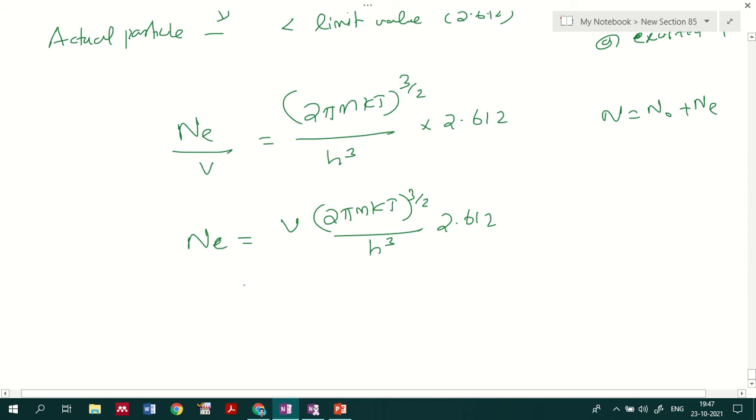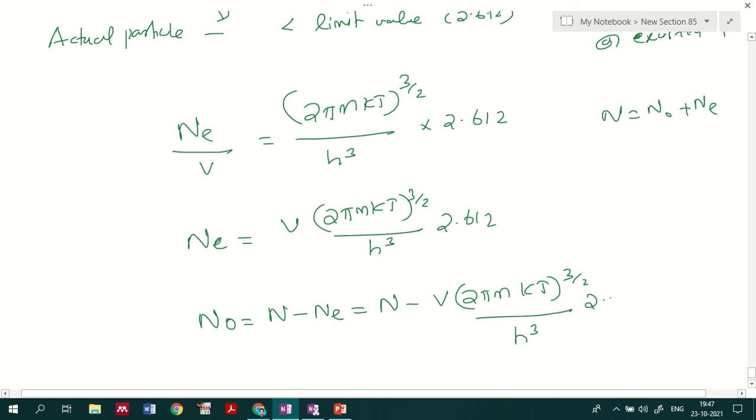So we know that N0, the number of particles at the ground state, is equal to what? N minus Ne. So that means N minus V into (2 pi m kT) raised to 3 by 2 divided by h cube into 2.612.